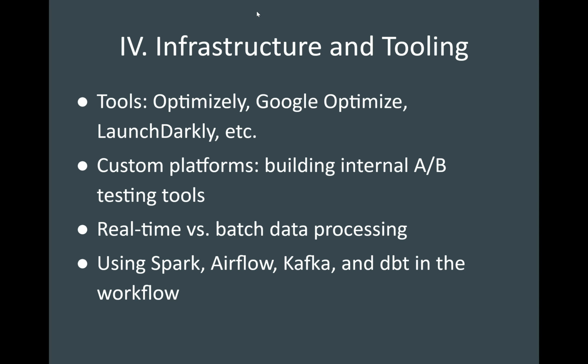Then there is real-time versus batch, where real-time processing using Kafka, Spark Streaming offers faster insight, whereas batch with Airflow or Snowflake is a cost-effective method. Then there is the engineering stack, where Airflow is for orchestration, Kafka is for ingestion, and dbt is for transformation.